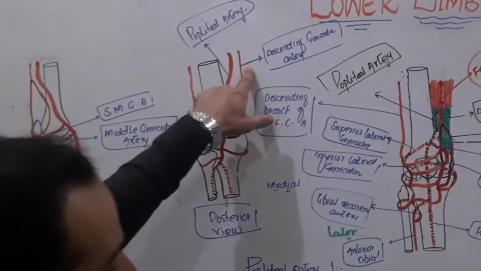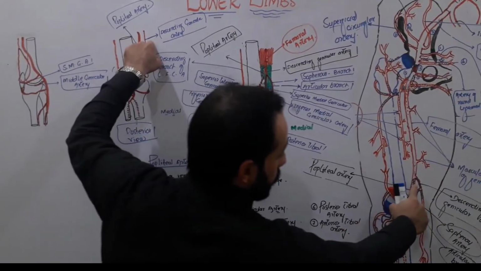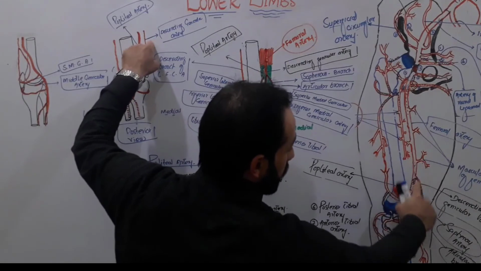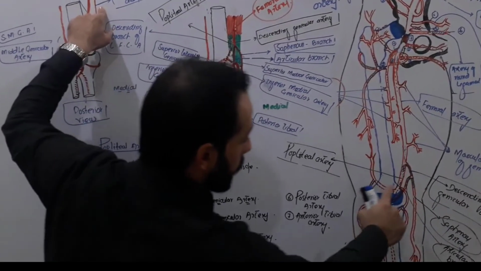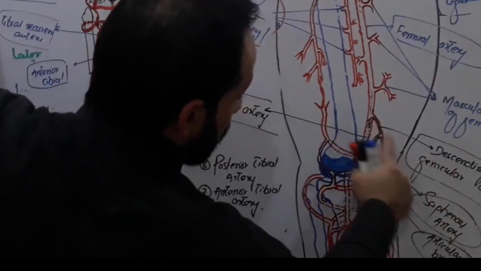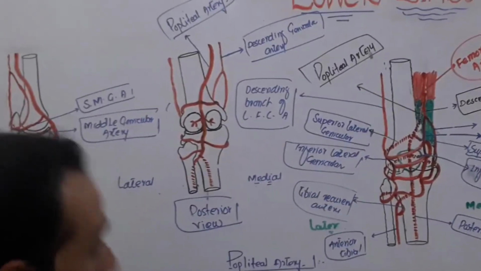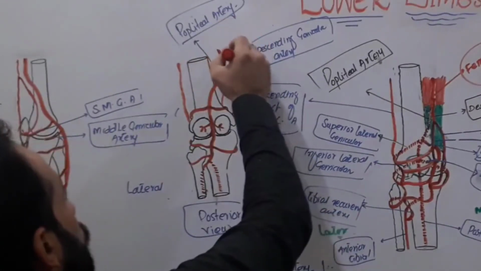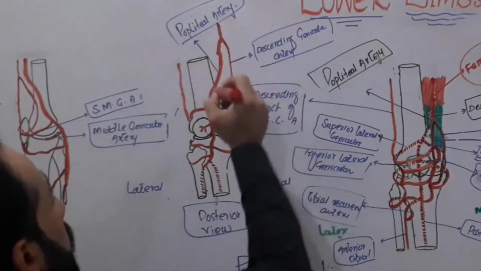Look, from here we go to here, right, friends? So if you can see here, this is our femoral artery. So this femoral artery has given two branches. How many branches? Two branches. The descending genicular artery and the popliteal artery. So if we clear our diagram here, we join both of them like this, right? So what is this?